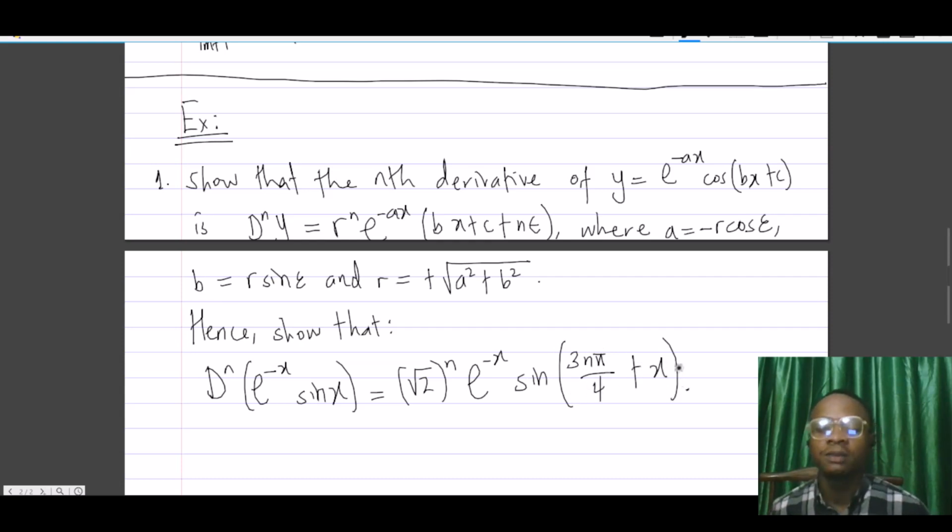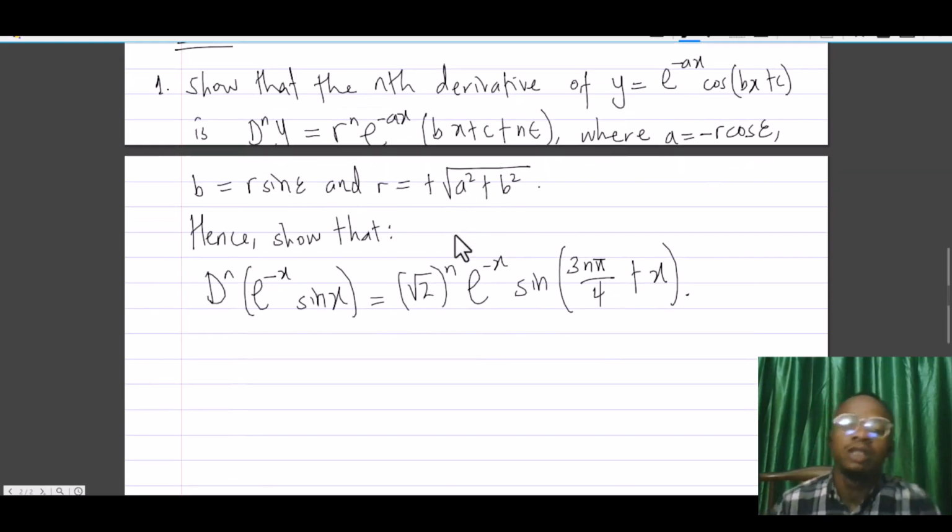So this is basically what we want to do. To show that implies prove that the nth derivative of this function is equal to this. This is the nth derivative of a product of two functions. The first part being e to the power of minus ax, the second part being cos of bx plus c. So we want to show that the nth derivative is given by this.